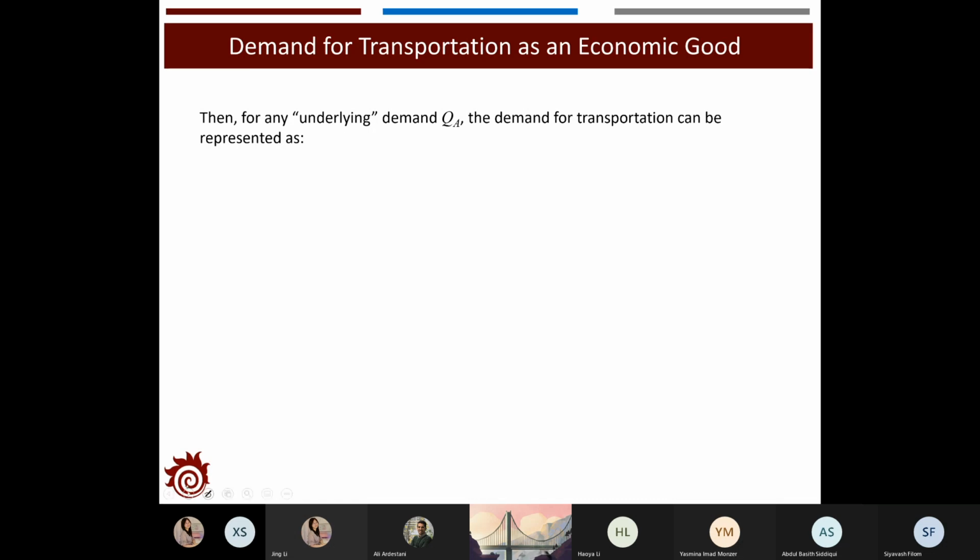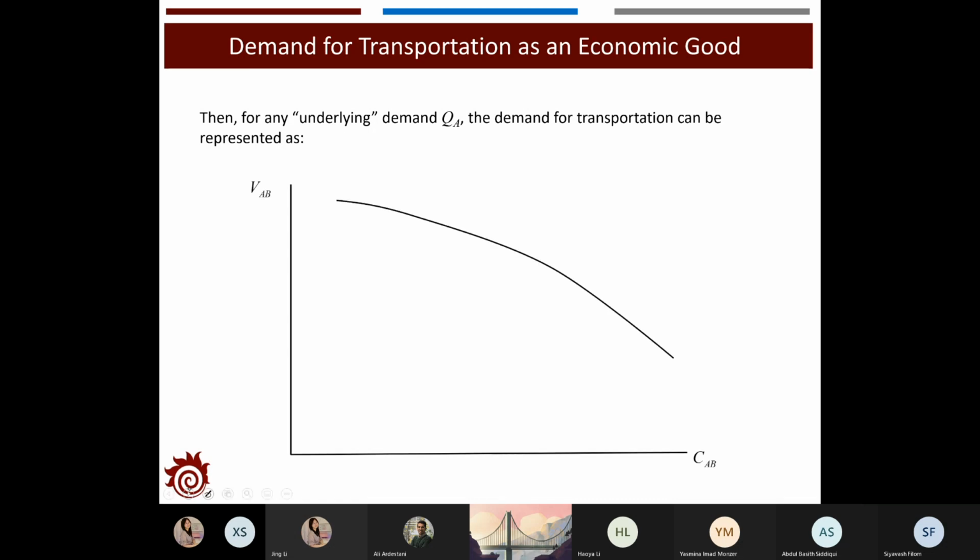So this is just one product, but if we want to have more information, as we just mentioned previously, volume is a function of PA and QA. It can also be determined by, if we are given one value of the product PA, then the volume should be a function of the cost of transportation.